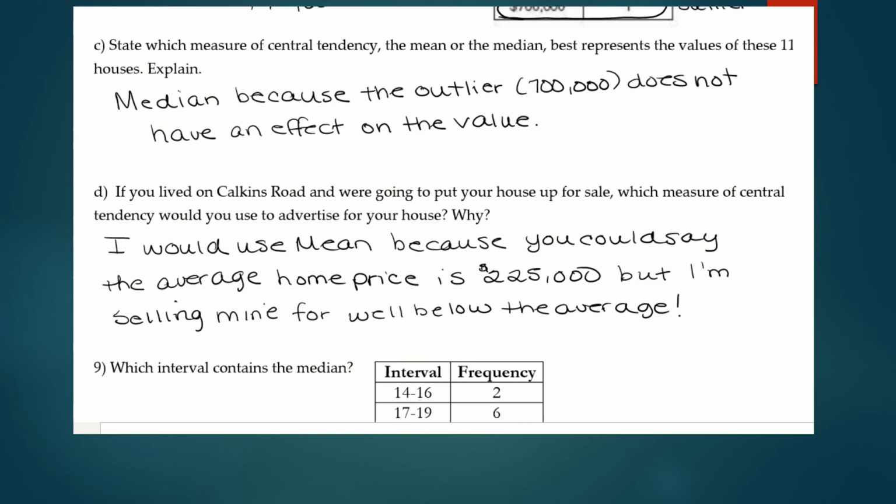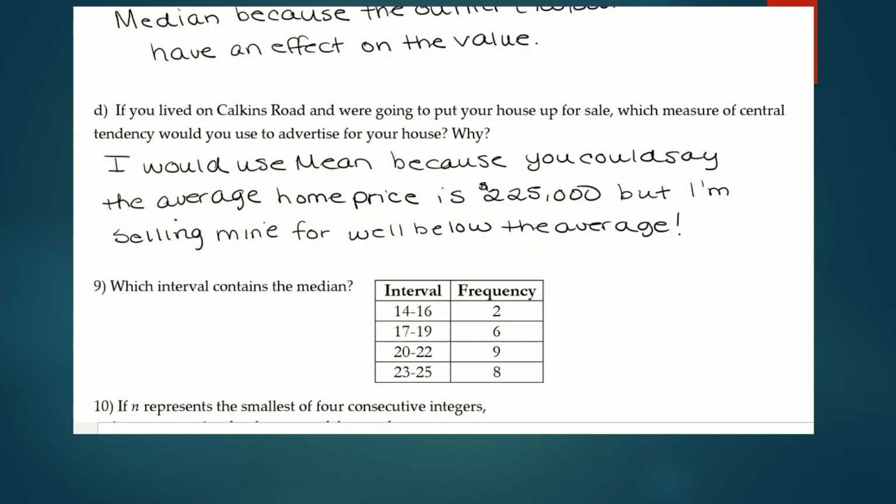This would tend to make people happy to see that. All right, they want to know they're getting a good deal.